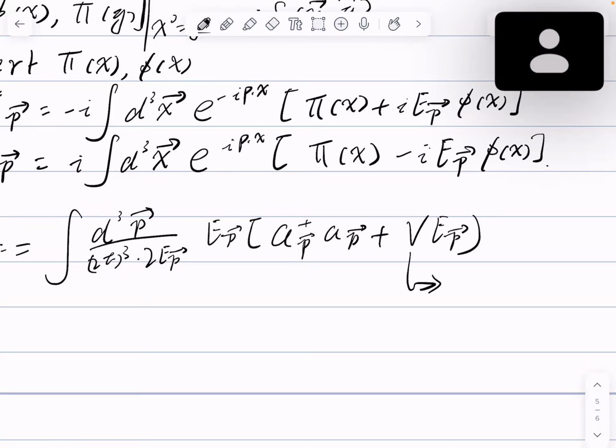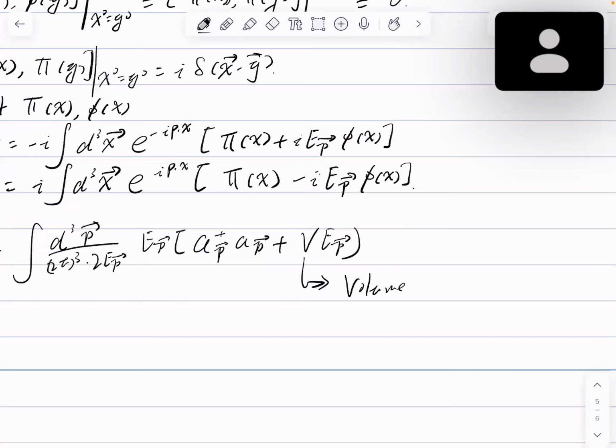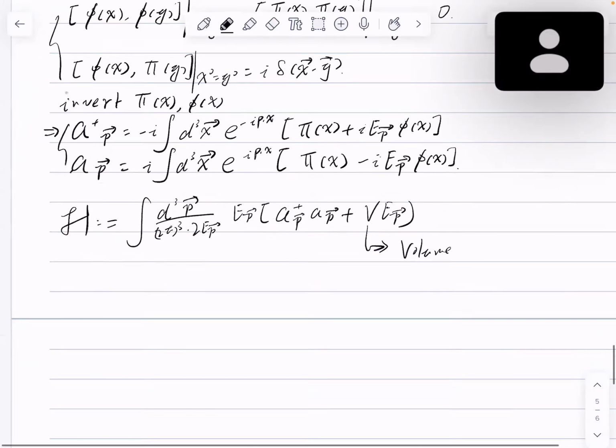This V is just the volume of our system. This definition is very easy to understand intuitively, because you just count how many quanta there are, and add them up or integrate. We obtain this formula of the Hamiltonian.